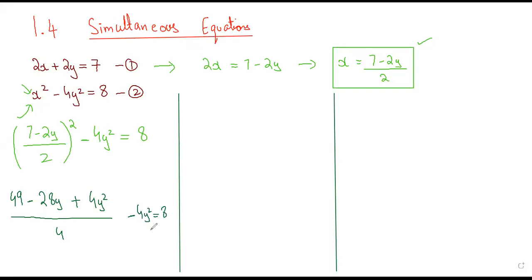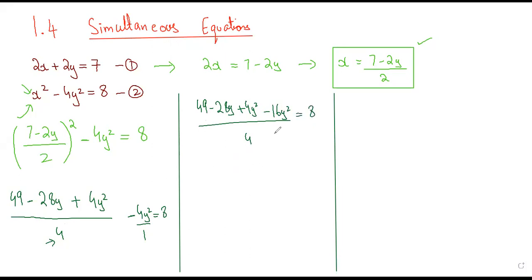And then I am going to take the LCM here, and it would now become 49 minus 28y plus 4y squared. The LCM would be 4. Now I have 1 here, so I need to multiply it by 4. It would become minus 16y squared equals 8.